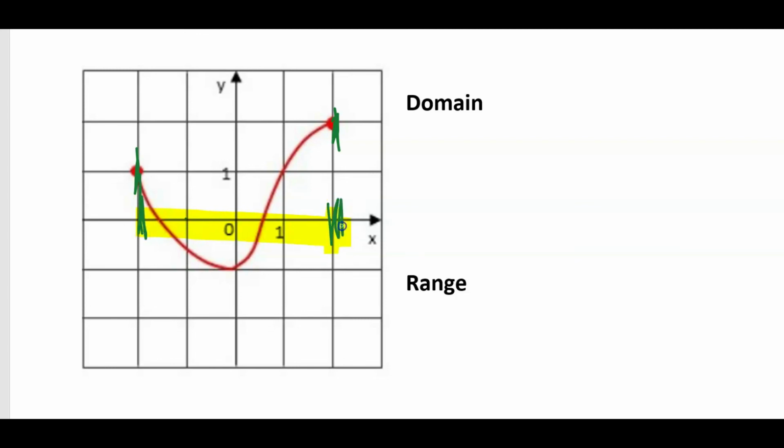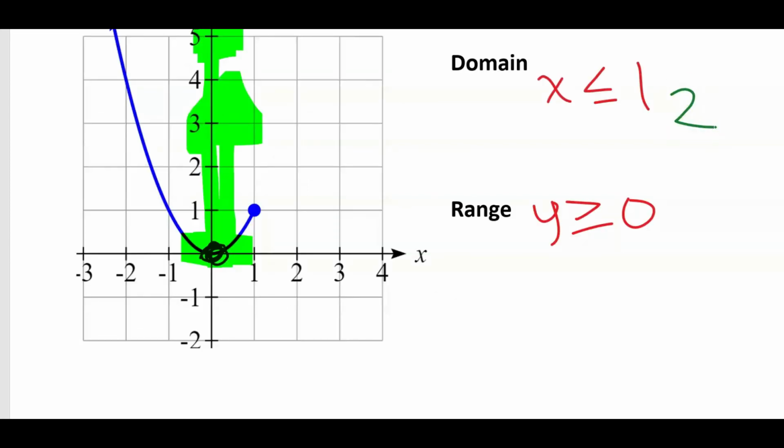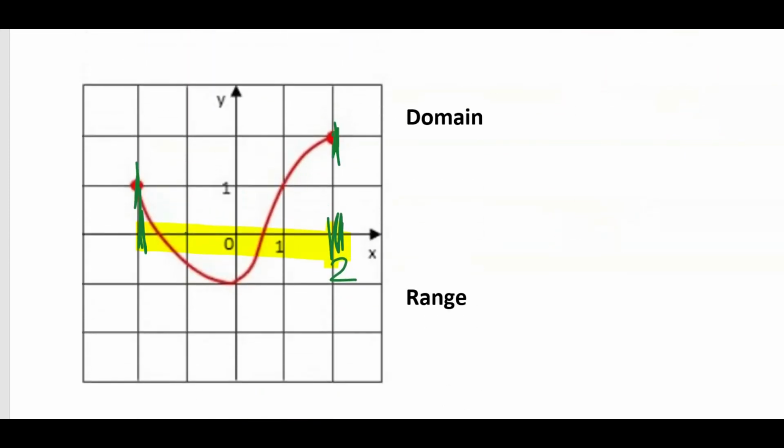So I'm just looking at this horizontal axis, and as far as this graph goes to the right, it goes to positive 2. On the right, I've got positive 2. And how far on the left do I go? Let's see, on the left, it goes to negative 2. So my graph is between negative 2 and positive 2. That's how wide this graph is on the x-axis.